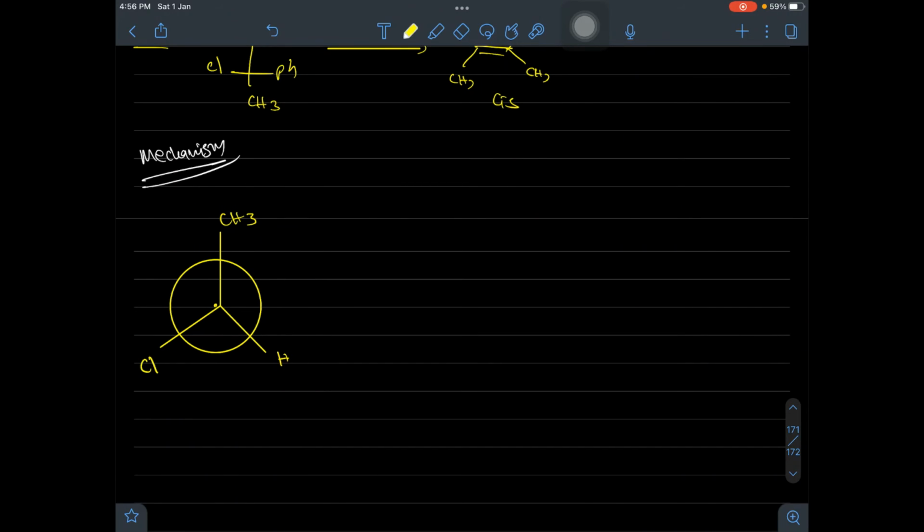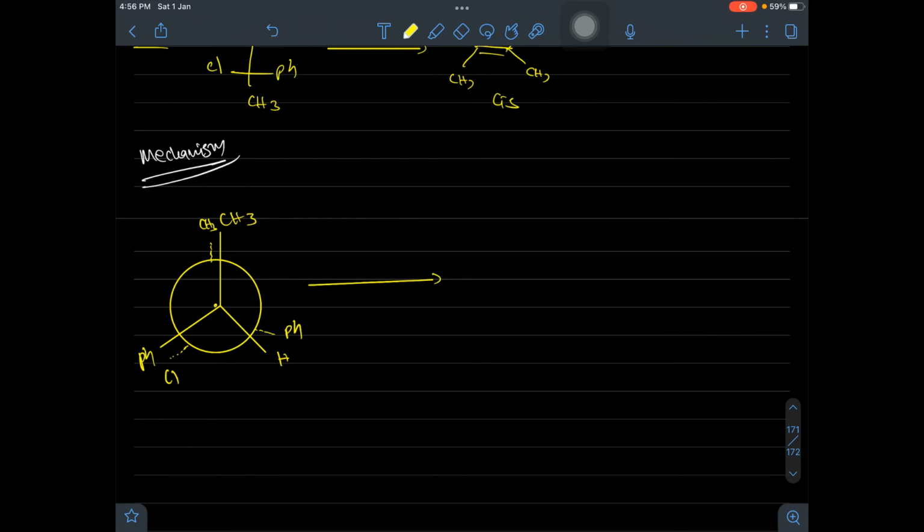The back side carbons: sorry, here it is pH. And on the right side carbon atom, Cl. Here the right side carbon atom has pH, and here the right side atom has CH3.